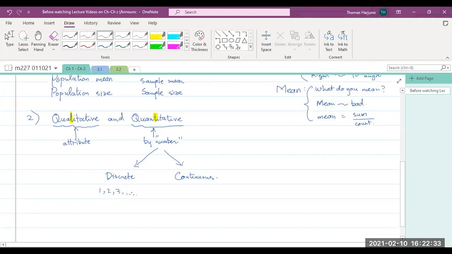For example, quantitative discrete data, like the number of siblings, the number of people. How many children do you have, Thomas? I have 2. Now, you see that's discrete, right? Why? Because I should not have 2.5 children. I should not have 2.3. I should not have 1.7. No. Now, continuous is basically in the sense of an interval.